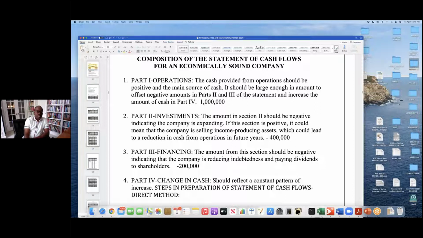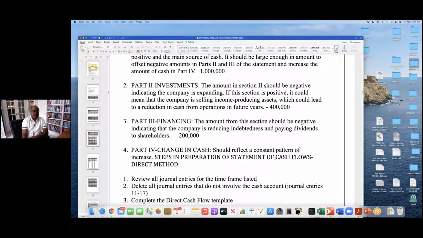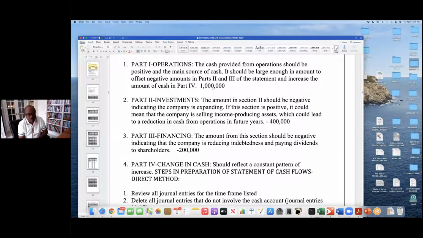So the $1 million here, we're talking about Macy's, these are the clothes that we sell. The 400 million is money that we're putting in new stores. Then we're paying off our indebtedness, so that's a minus 200, and we still have cash left over. So we had $1 million, we paid out 600, we still got 400,000 in cash left over for this year.